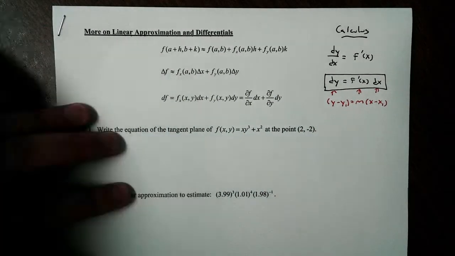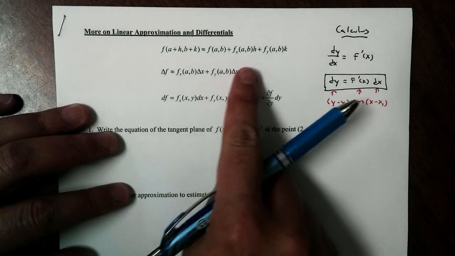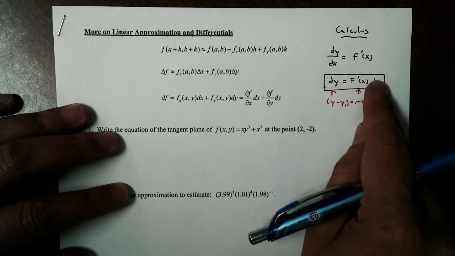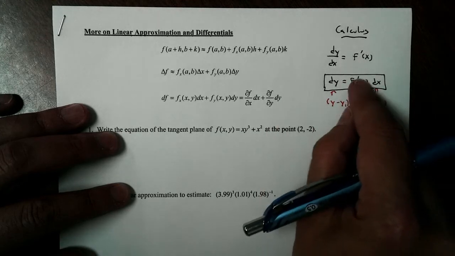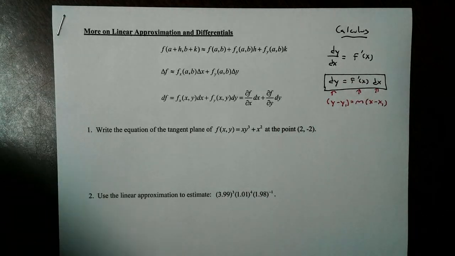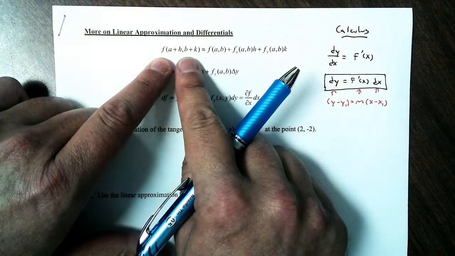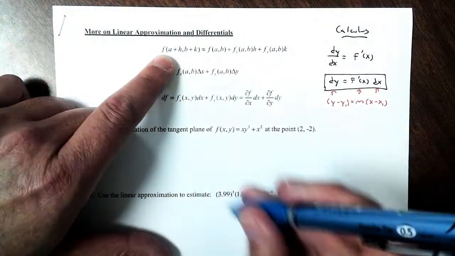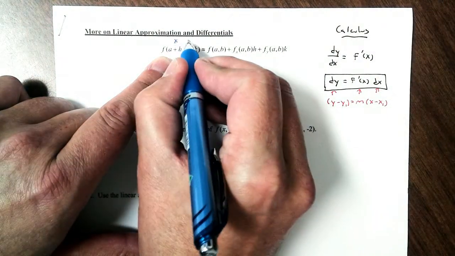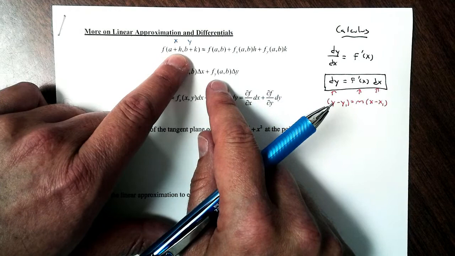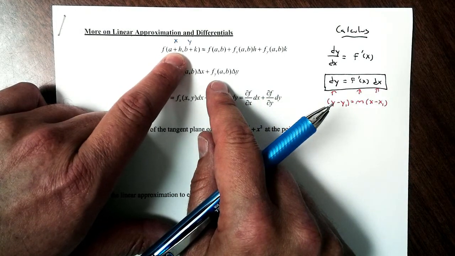In multivariable, we can do the same thing, except we don't just have the slope in the change in x, we also have to deal with the slope in the change of y. And that's what we have right up here. Remember, if we have a function in terms of x and y, and we're looking at how f changes as the x variable changes by h.